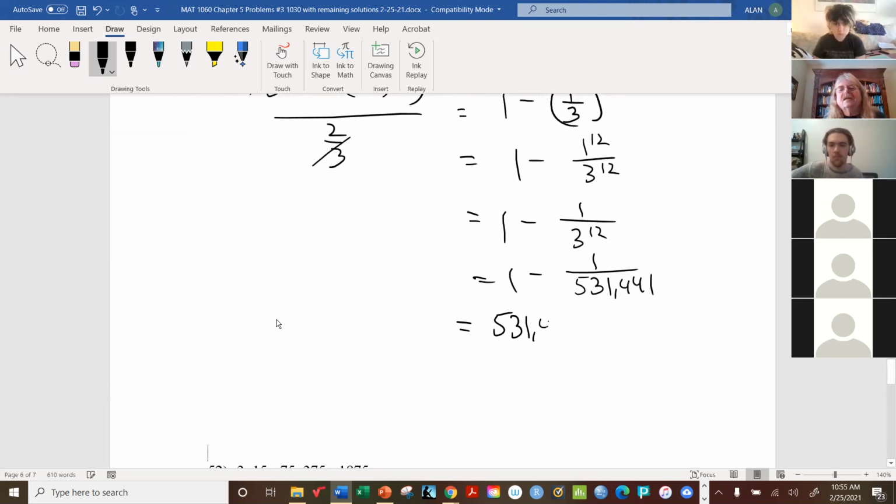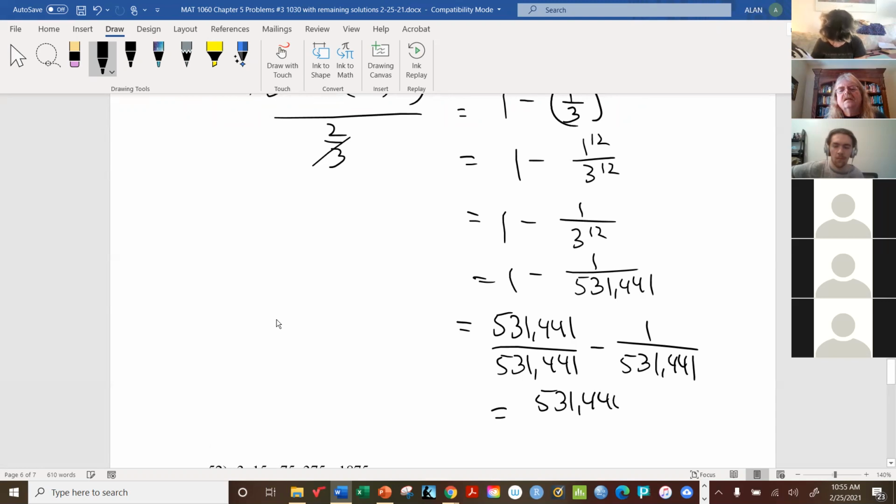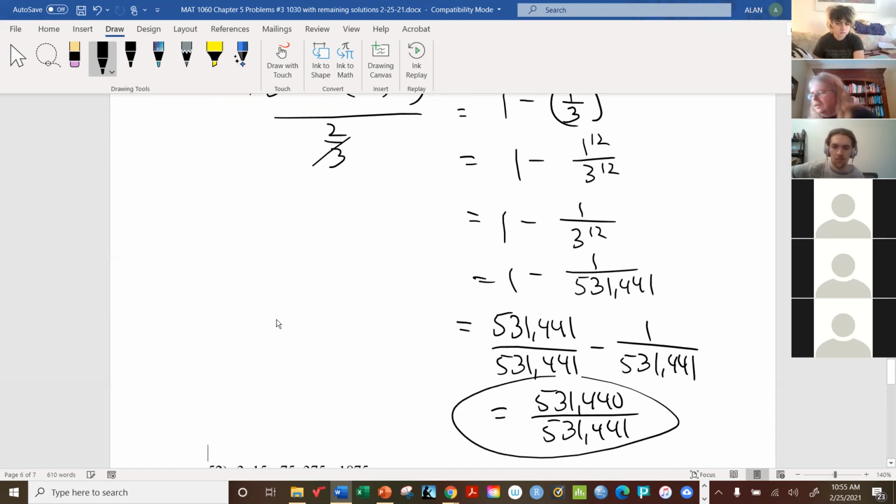Ooh, how easy is this? Look at that. Now that's really, really close to 1, isn't it? It's not quite there, but it's really, really close.